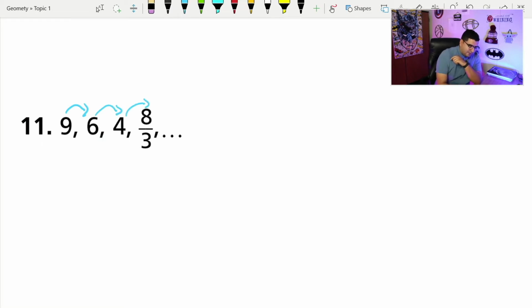And what we can do to find that fraction is divide the second number by the first number to let me know what they're multiplying by. So if I take 6 and divide it by 9, that leads me to a simplified fraction of 2/3.